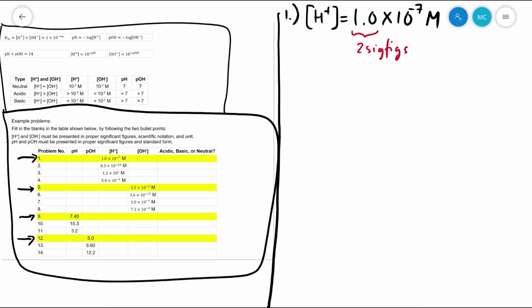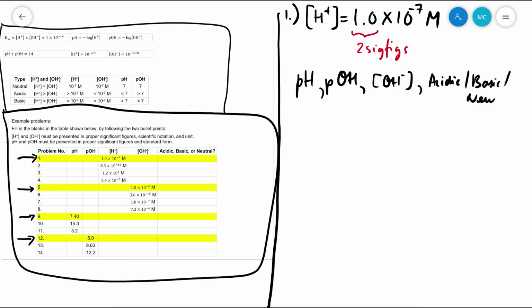The sig figs will be translated to the decimal digits for the pH and pOH later. So from this information, you're being asked to find the pH, pOH, OH minus, and to figure out if the solution is acidic, basic, or neutral.